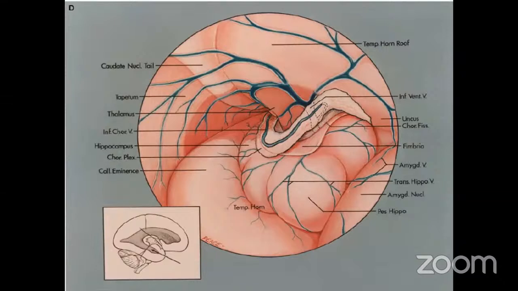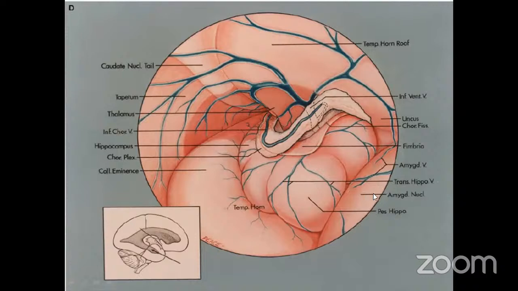In this image, the arrow in the inset shows the anterior view into the temporal horn. The floor of the temporal horn is formed by the collateral eminence and hippocampus. The roof and lateral wall are formed from medial to lateral by the thalamus, the tail of the caudate nucleus, and the tapetum of the corpus callosum.